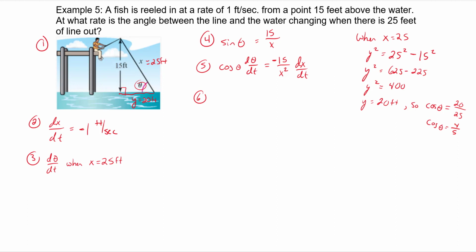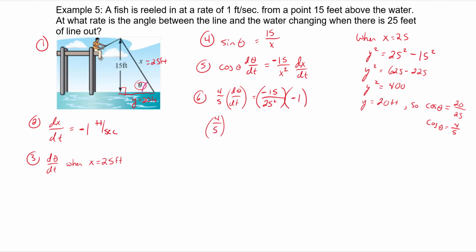So now we can sub in for cosine theta. Even though we don't know what theta is, we can find cosine theta. Cosine theta is 4/5. We don't know dθ/dt. That's what we're trying to find. And that's equal to negative 15 over 25 squared times dx/dt, which we know is negative 1.